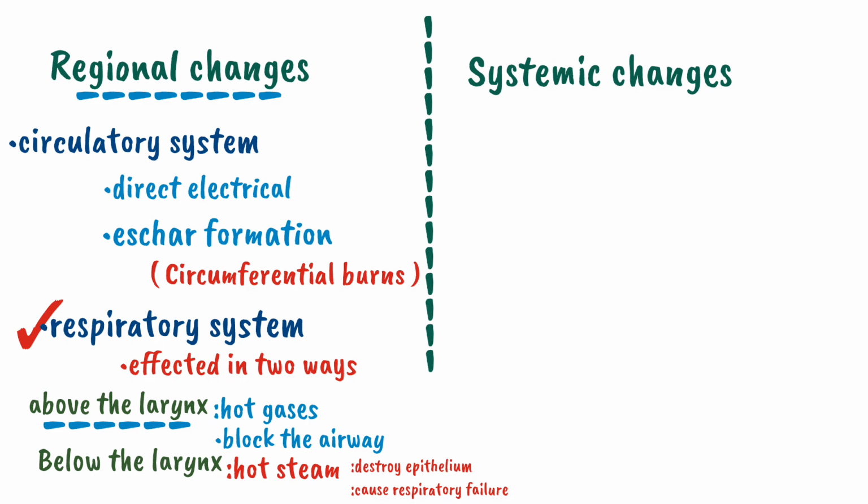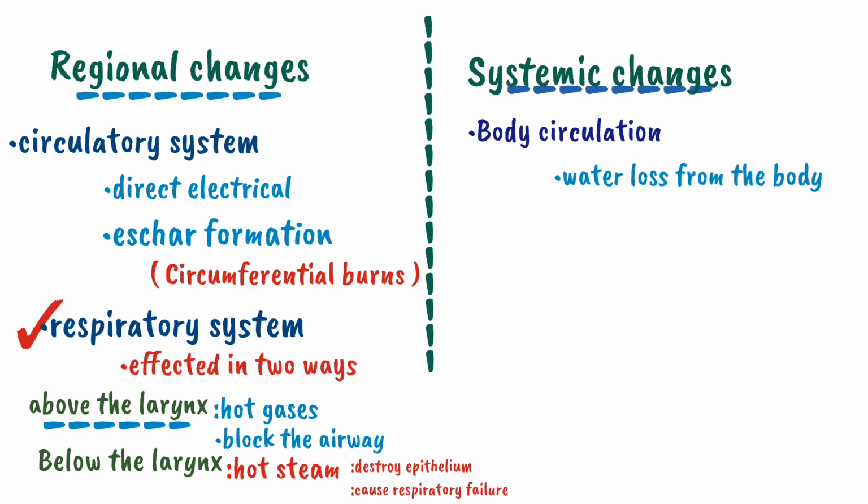Apart from the regional effects of burns, burns also have systemic effects. It will compromise circulation, meaning that there will be a high amount of water loss from the body, so the patient needs active resuscitation with fluid. Other than circulation, it can affect the gastrointestinal system, causing Curling's ulcer.